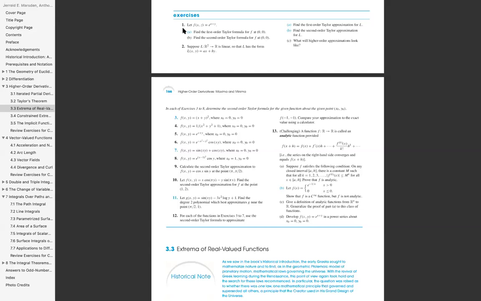In the next chapter, chapter 5, we'll be doing iterated integrals. That means you have integration in dx and dy and dz. That is integration in multiple variables, and how we make sense of it. You have double integrals and triple integrals, and how we can make sense of this.